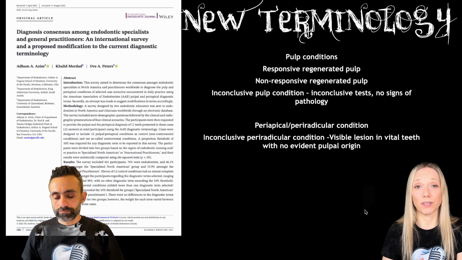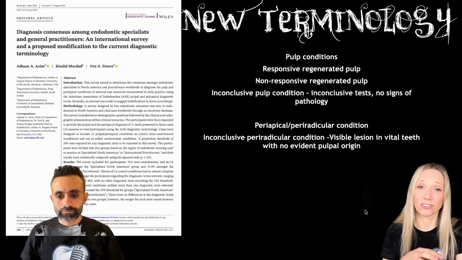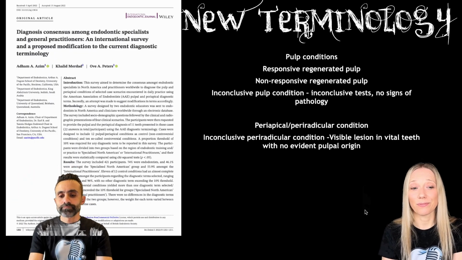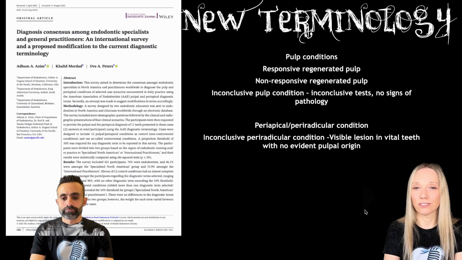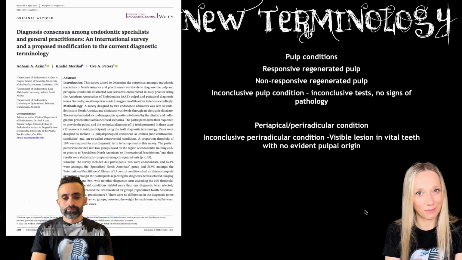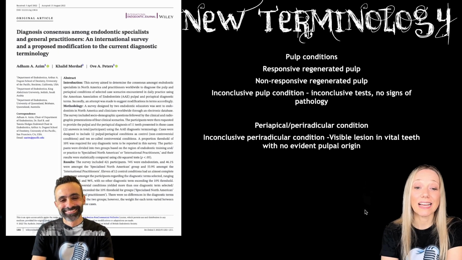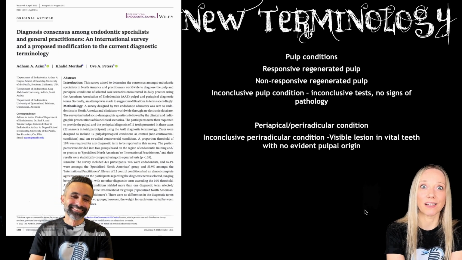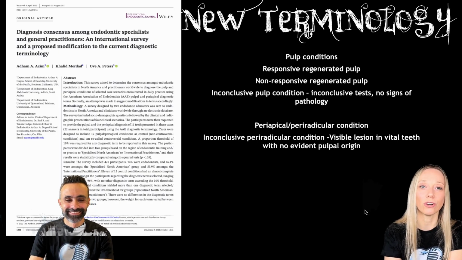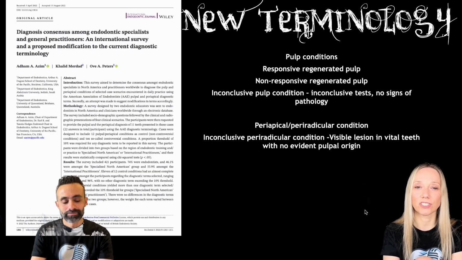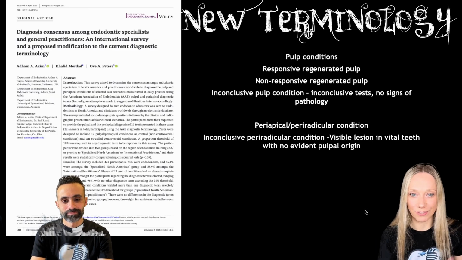the concordance between endodontic specialists about diagnosis on different cases and the terminology that they used, and found that, of course, we don't agree 100% of the time, but this is kind of normal, and also that sometimes we do not have the terms to define a pathology if we just stick to the old classification.